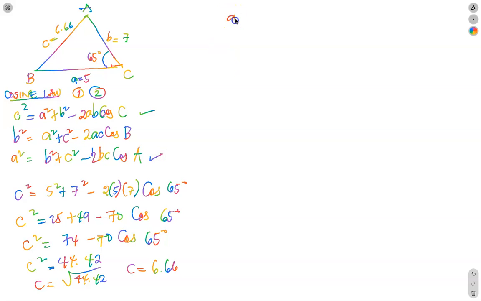So 5 squared equals 7 squared plus 6.66 squared minus 2 times B, which is 7, times C, which is 6.66, and then cosine A.